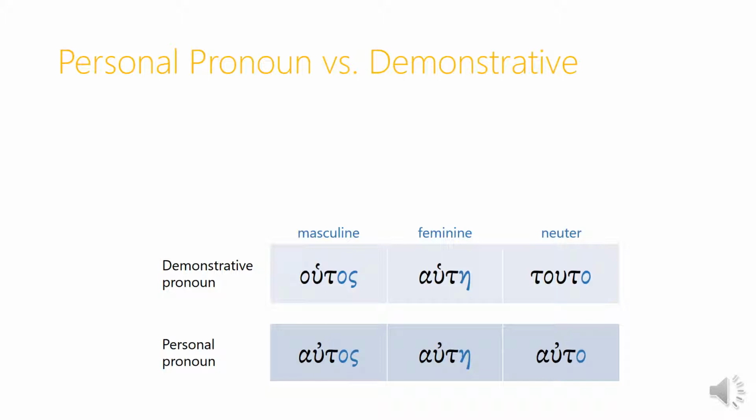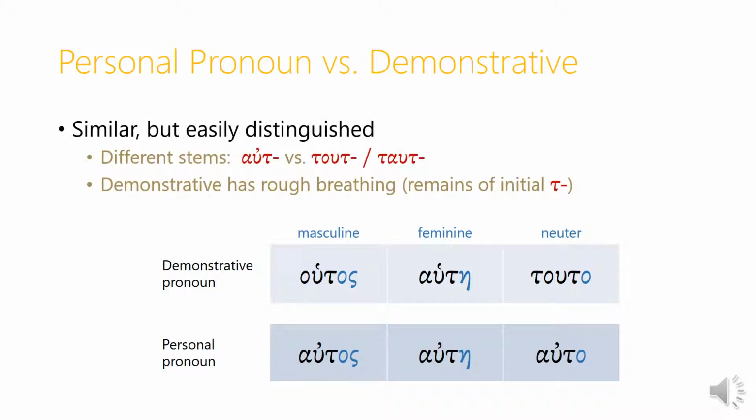So let's look at the personal pronouns and the demonstrative pronouns side by side here to make sure right from the start that we can differentiate them clearly. Because if we can't, if we're fuzzy about this, it's going to cause problems later on. The key is that there are different stems. The personal pronoun stem is aut.